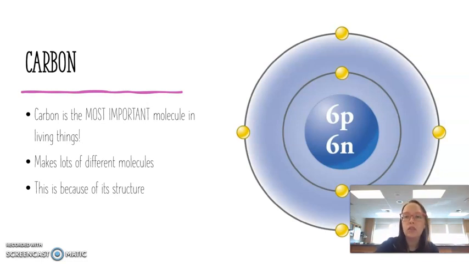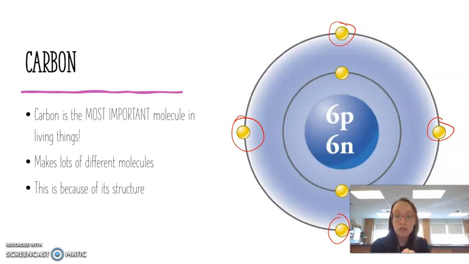And we can see that it has 1, 2, 3, 4 electrons in that valence shell, right? That valence shell is that outer shell. And that's the one where the electrons are going to interact with the other electrons in other atoms around it.